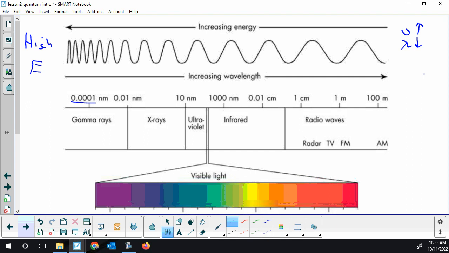As we get to low energy, we have very low frequency and very long waves. So the highest energy waves that we kind of are used to talking about, gamma rays, very high energy. Small wavelength, lots of cycles per second.